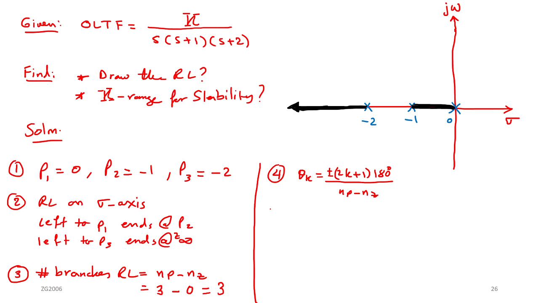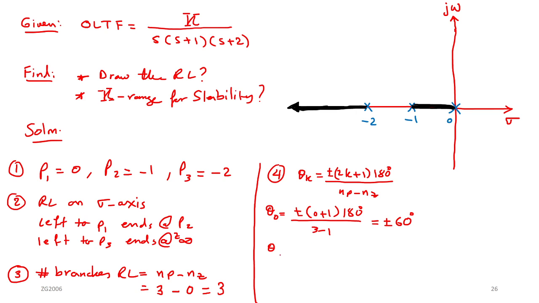Okay, so for theta 0, let me write it here, it will be plus or minus 0 plus 1, 180 degrees divided by number of poles minus number of zeros, which is going to be plus or minus, I think, 60 degrees, right? Yes.